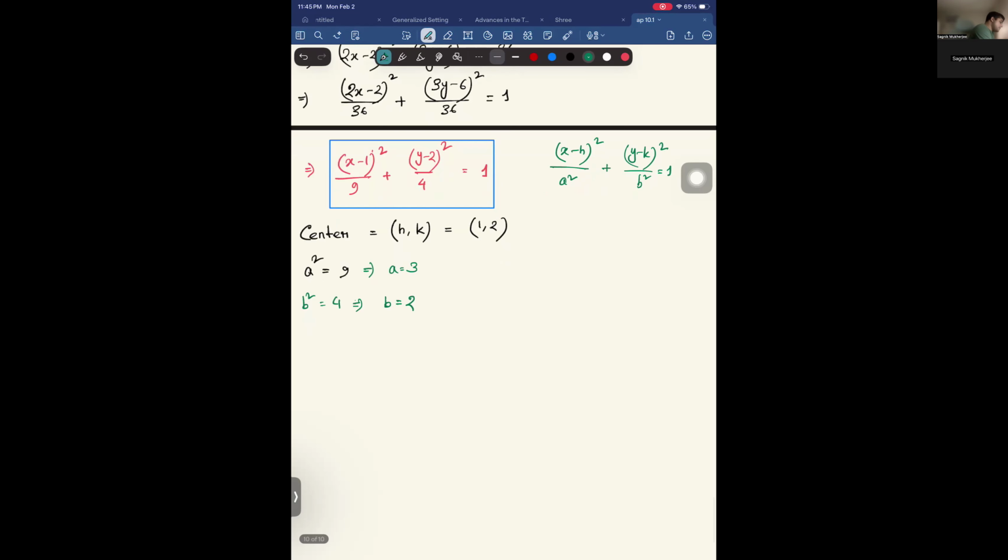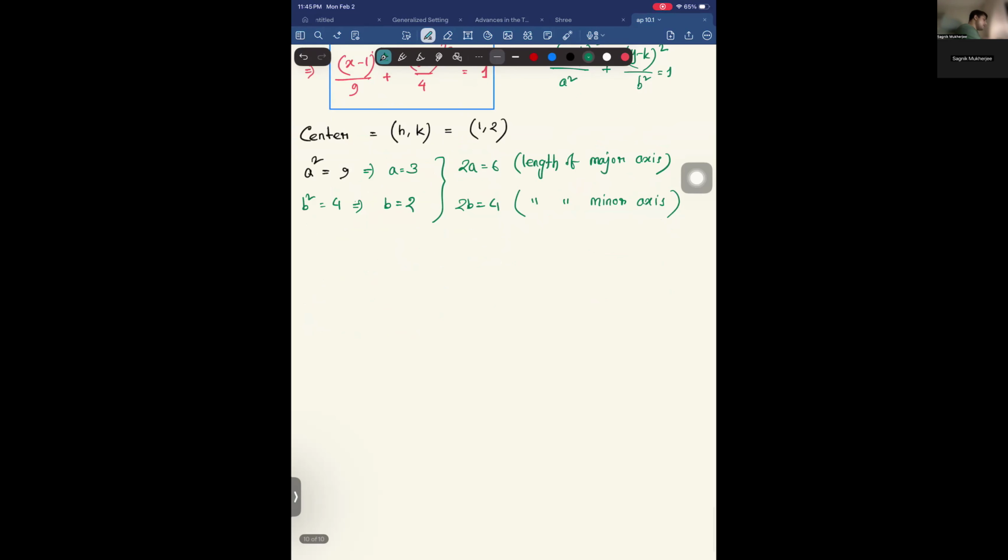Okay. Now you can see that the length of major axis is 6, and the length of minor axis is 4. Meaning the major axis is larger, and hence this is the horizontal ellipse. And what is the distance between the foci? This is just 5. That's it.